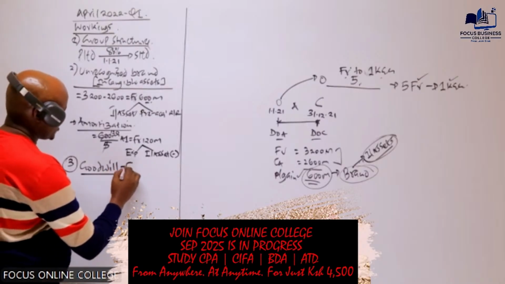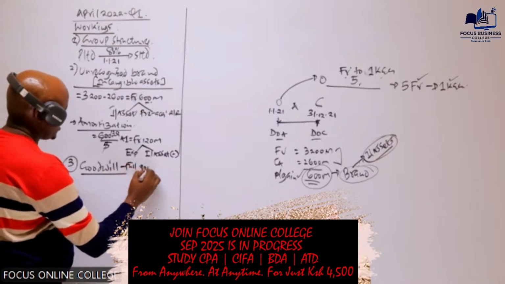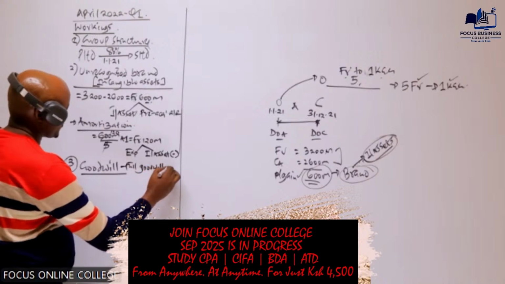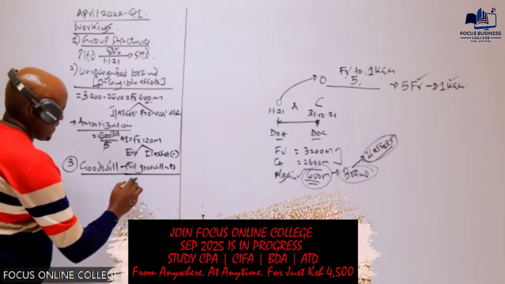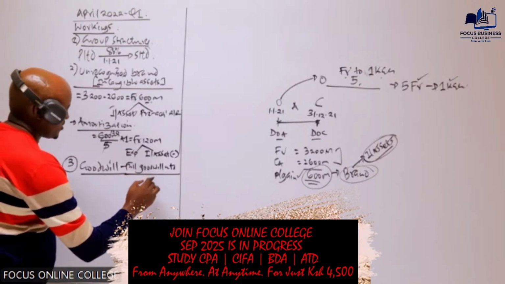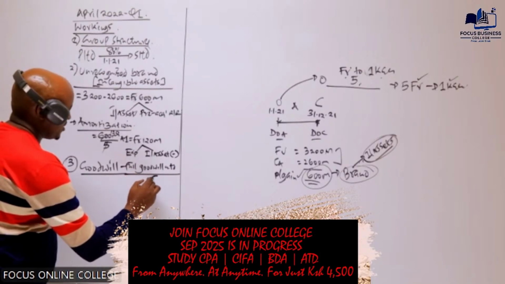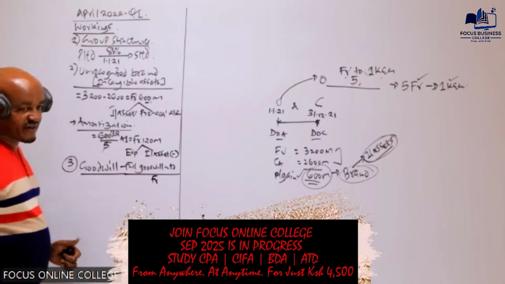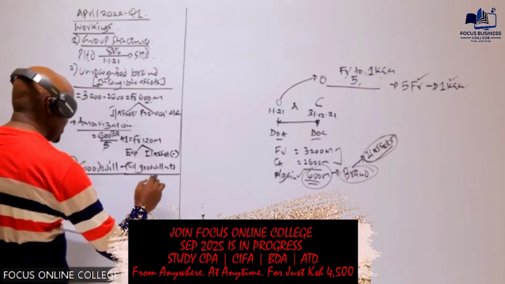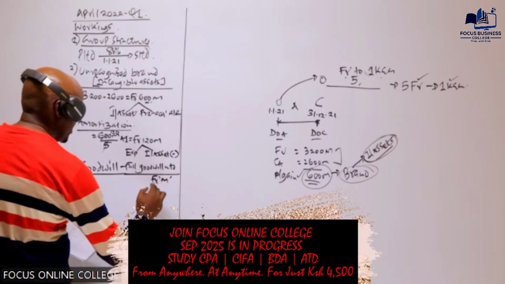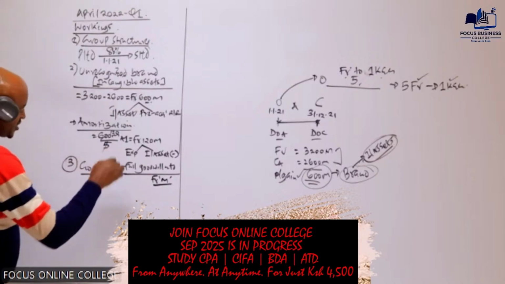Remember, in this case, the method we are going to use is the full goodwill method. Here we just need one column. We are computing this in franc, the foreign currency, and the figures are given in millions.